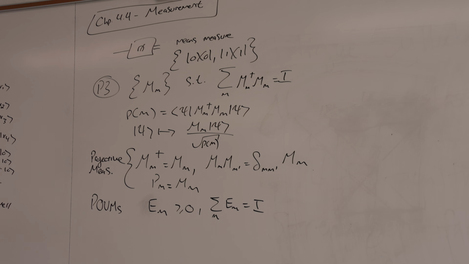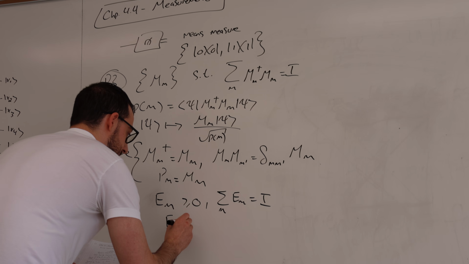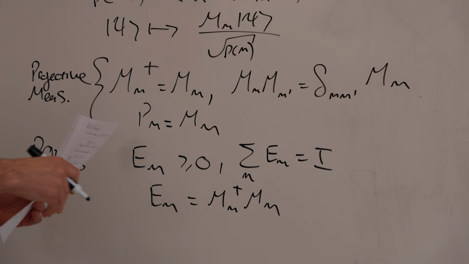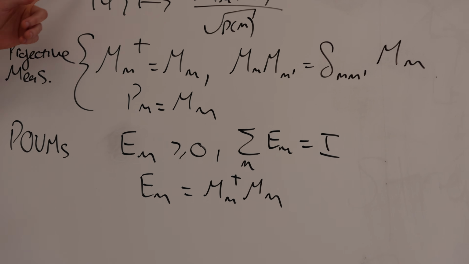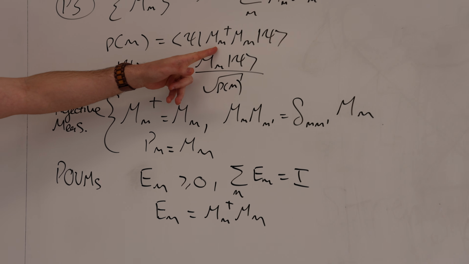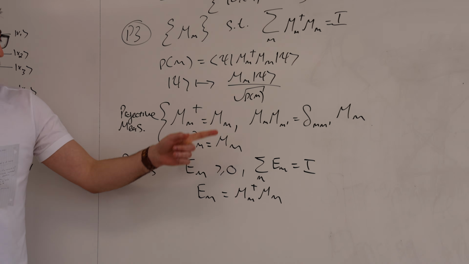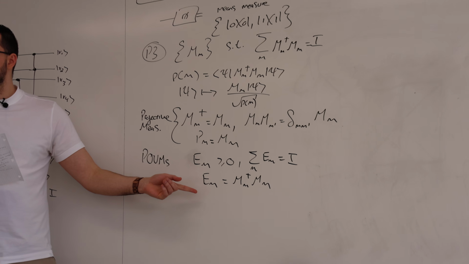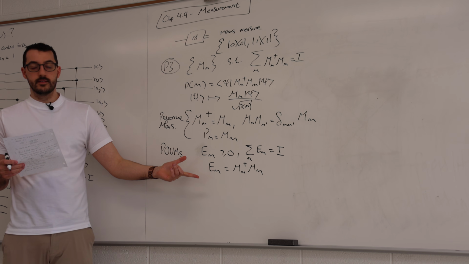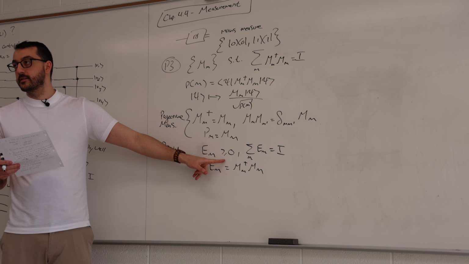The relationship to the original third postulate was that E_m was the product M_m dagger M_m. So in the measurement probability rule, you just have the POVM element, E sub m, in here. And then for the state update rule, you might need to take a square root of the operator E_m to get the M_m to apply to the state. And we know that we could do that because each E_m is a positive operator.